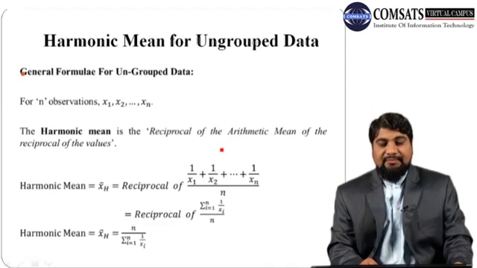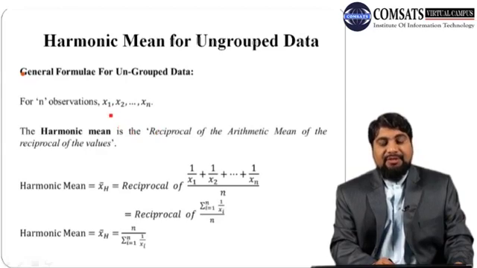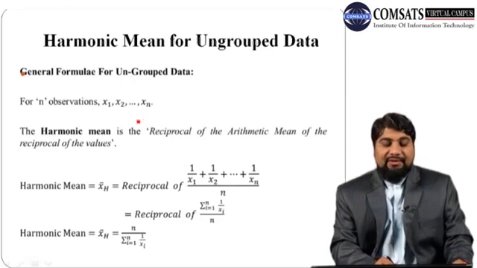Let us discuss the general formula for finding harmonic mean for ungrouped data. Suppose we have n observations, x1, x2 and so on up to xn, and we are interested in finding the harmonic mean of these n observations.